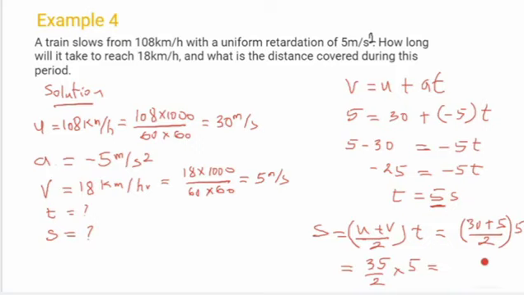When you multiply 35 times 5 divided by 2, you are going to get 87.5 as our answer in meters. Don't forget to put your units. That becomes our answer, 87.5.